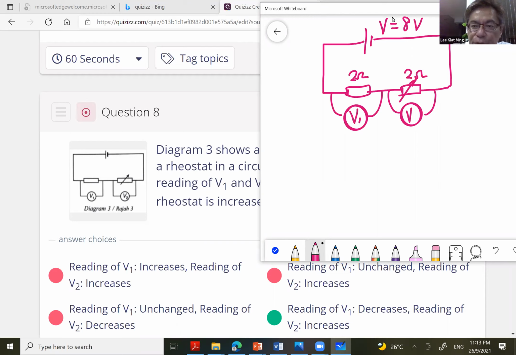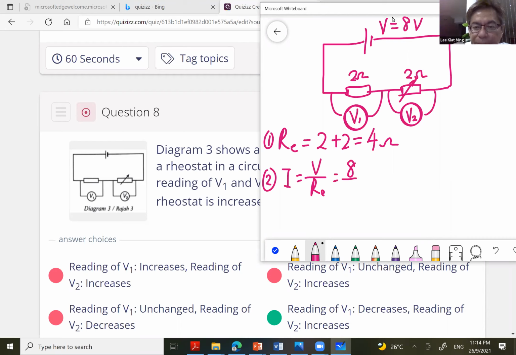So what we do is the original method, which starts with the total resistance. It's going to be series, so we're going to add up the resistance. That will give you 4 ohm. Then the second step is the total current that flows through the circuit. So it will be total potential difference V over R, which will give you 2 ampere.